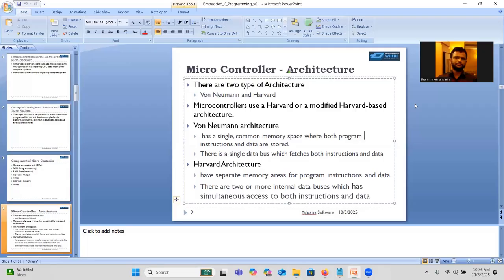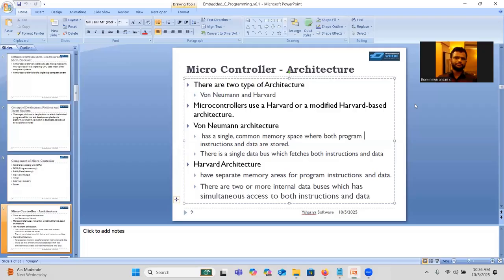When it comes to Harvard architecture, we have independent buses, one for program and another one for data. Also, it accesses program instructions as well as data simultaneously.